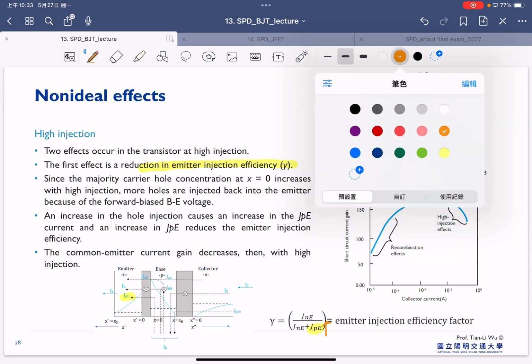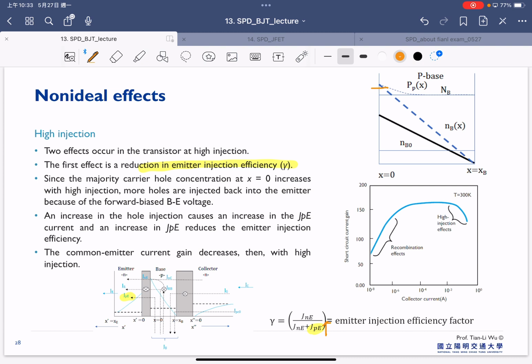So you have a higher hole concentration.